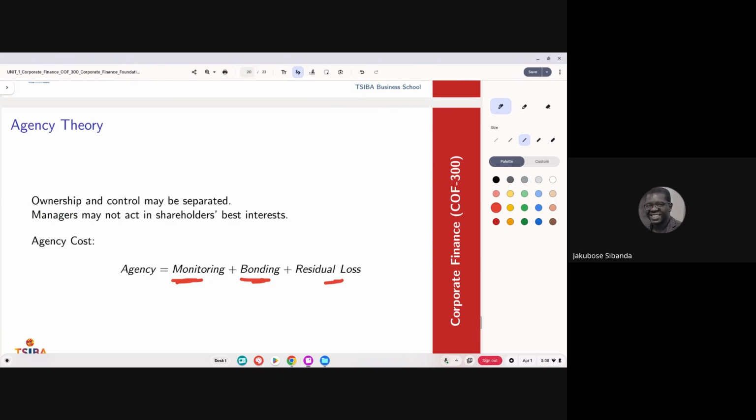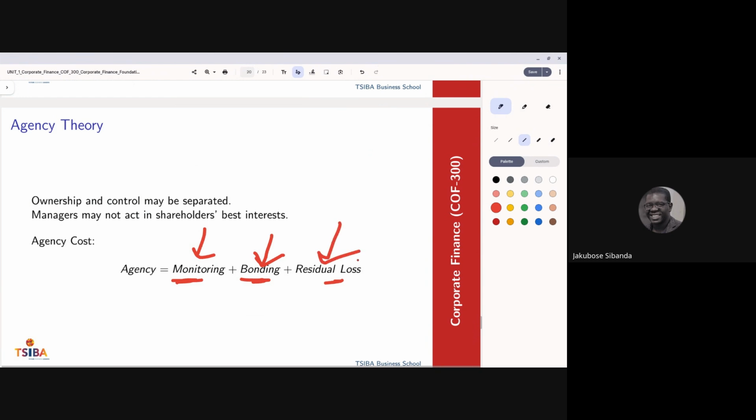So now we've learned that managers can, in fact, concentrate more on their own interests than on the interests of shareholders, and that creates this kind of situation. So, what happens when we talk about agency costs? They are divided into three: monitoring, bonding, and residual loss.